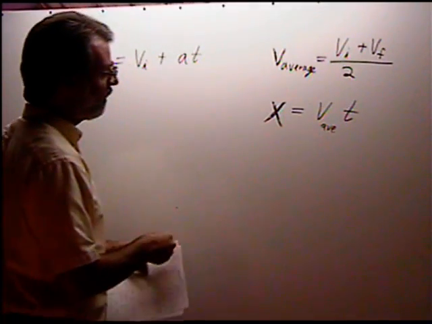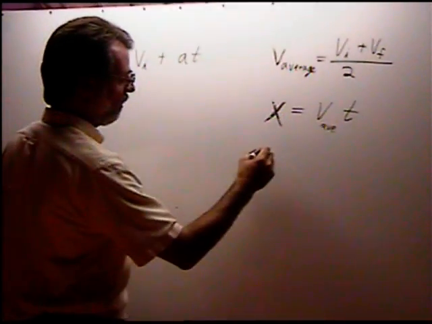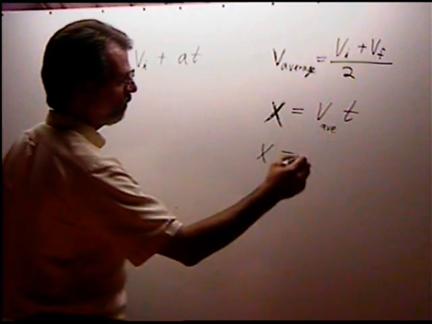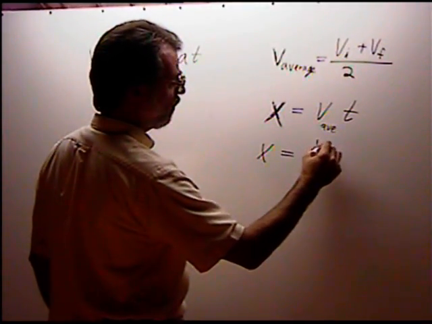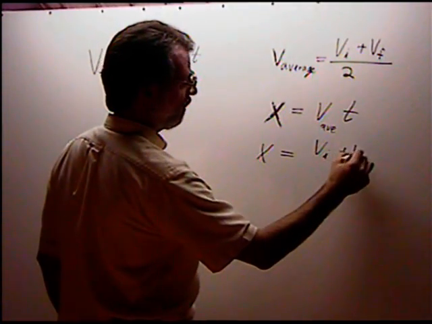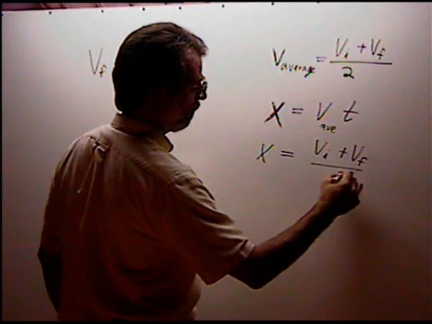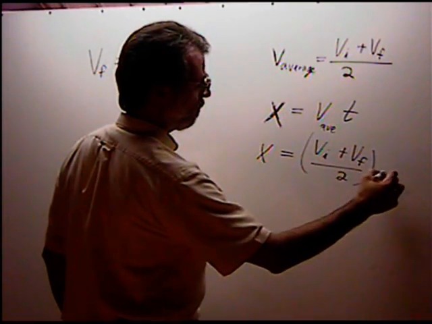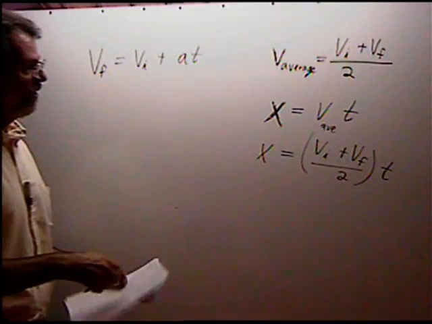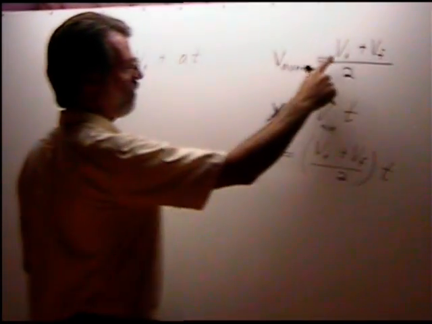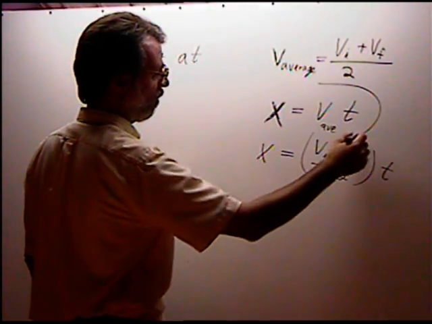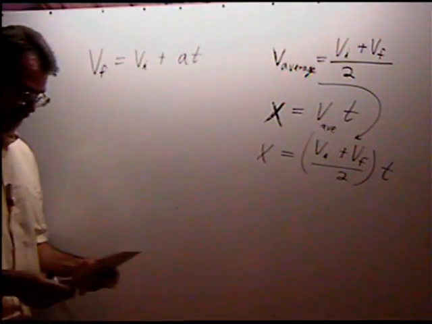So, I can come in here and say that the distance traveled is equal to the initial velocity plus the final velocity, all divided by 2, times the time. All I did here is I took the definition of the average velocity and I plugged it right into here. Okay?